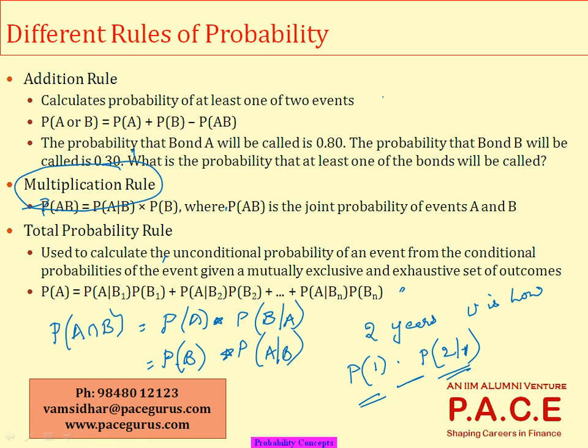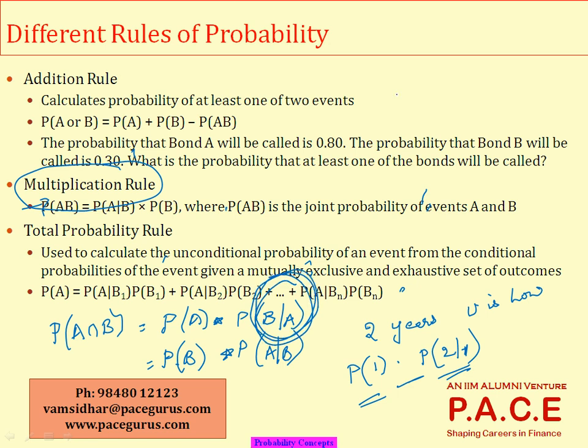And just as a small corollary here, if A and B are independent, it hardly matters whether A has occurred or not, whether the information that A has occurred is known or not.